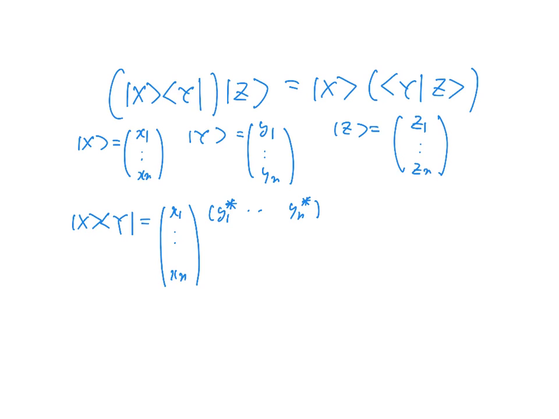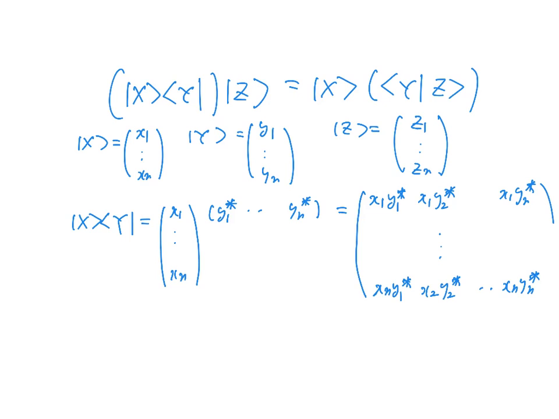So it can be written down as x1 y1 complex conjugate, x1 y2 complex conjugate, x1 yn complex conjugate, up to xn y1 complex conjugate, xn y2 complex conjugate, xn yn complex conjugate, by the definition of the outer product.